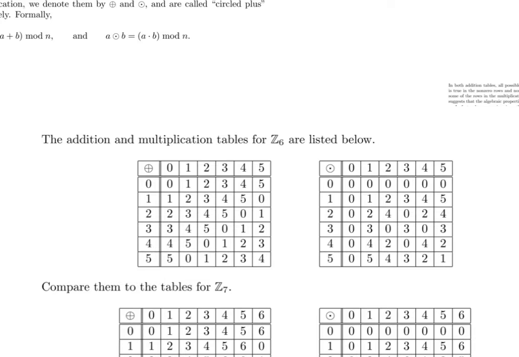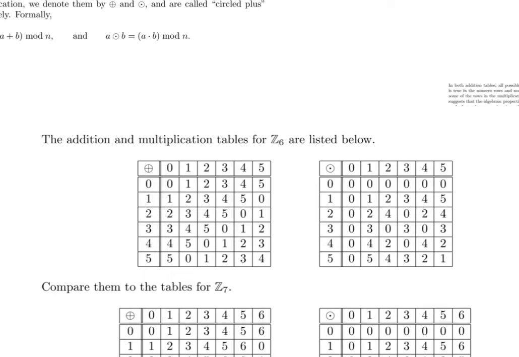Another interesting thing is there's a couple of places where there's a 1. There's no surprise that 1 times 1 is 1, but 5 times 5 is also 1? What is going on there? 5 times 5 is 25. 25 mod 6, we can calculate that in our head pretty quickly.